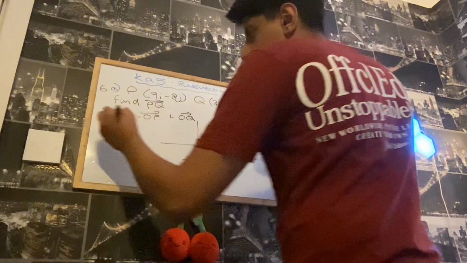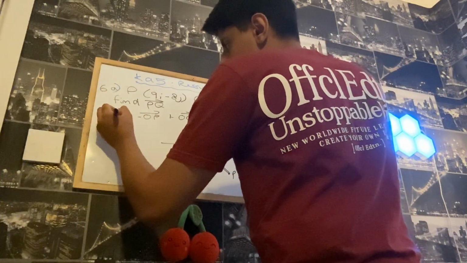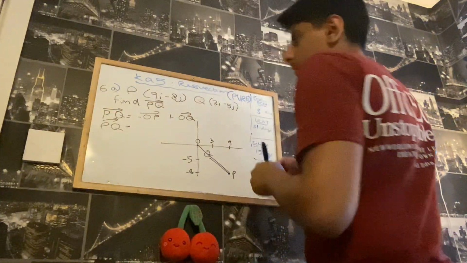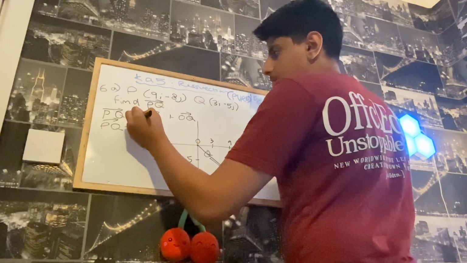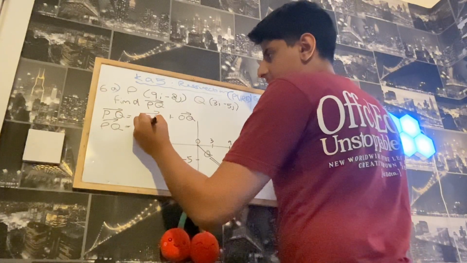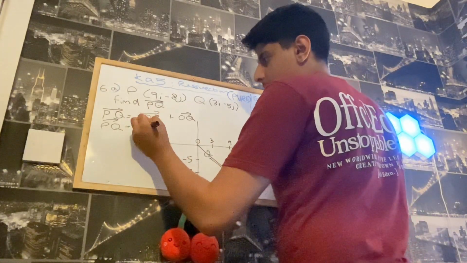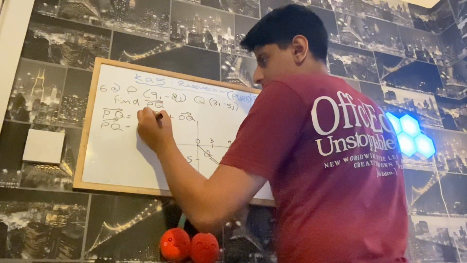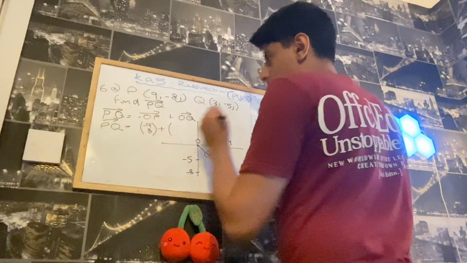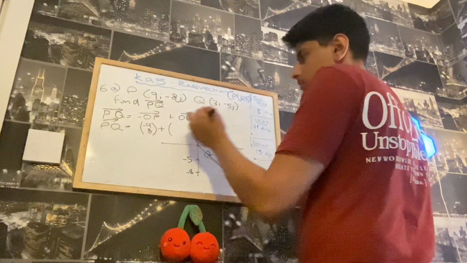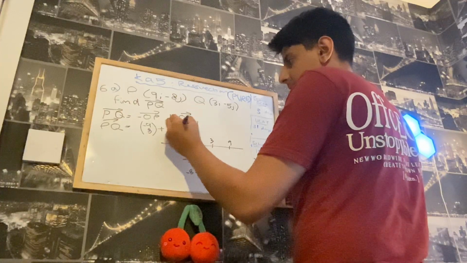That gives us P to Q being, well, minus O to P would be minus 9 minus 8, so plus 8. I'll just remove that. Plus O to Q being 3 and minus 5.